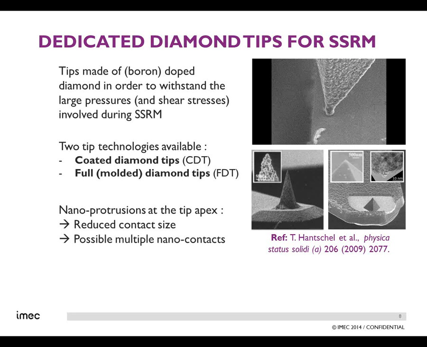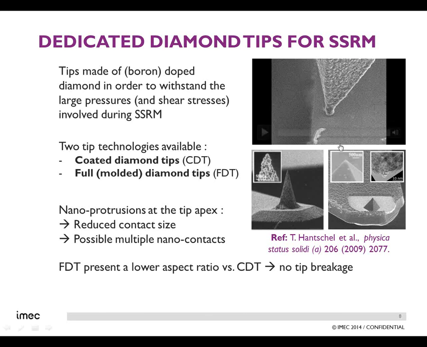Therefore, we really want to work on having the sharpest tips that we can have. And that's the reason why we are preferring currently, most of the time, the full diamond tips. First reason is that they are lower aspect ratio tips compared to the CDT. I will show you once again a small movie here on the top. This is with a high aspect ratio tip.